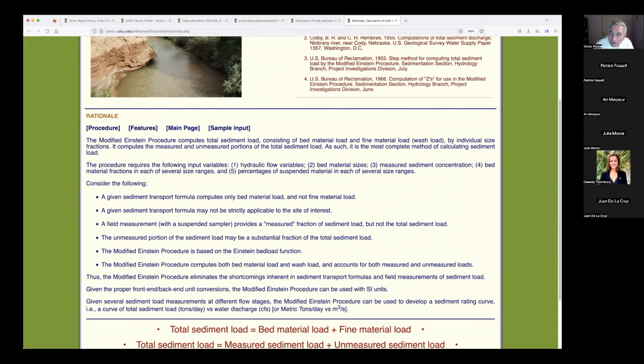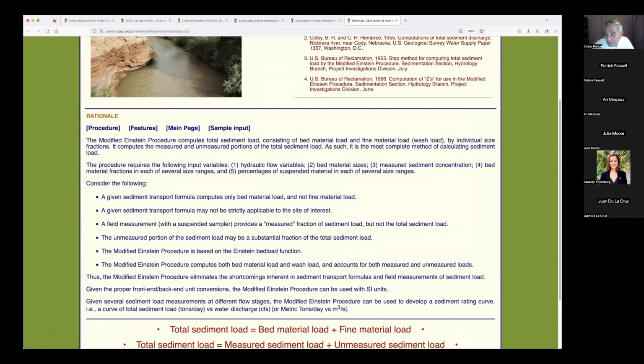How does it do that? Well, because the method has input data of sediment concentration, but we recognize that the total measured sediment is not the total transported sediment, because there's a portion at the bottom of the channel that cannot be measured by the sampler, short of hitting the bottom and then disturbing the whole thing and messing up the measurement, right?